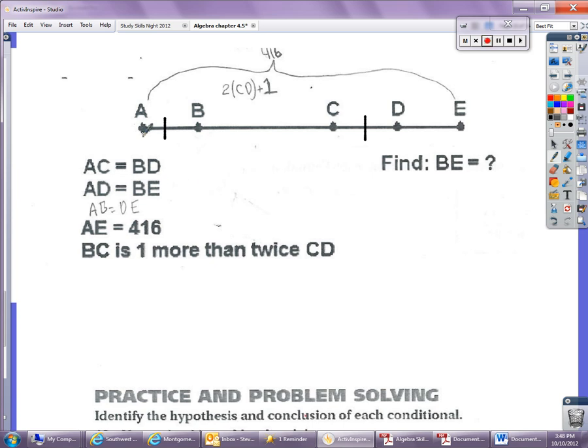Now let's look at AD. AD goes all the way over here, and BE goes all the way over there. Well, let's look at what that would look like if you took out, just used the ones we were talking about. A to D is congruent to B to E. Notice I took the C out.